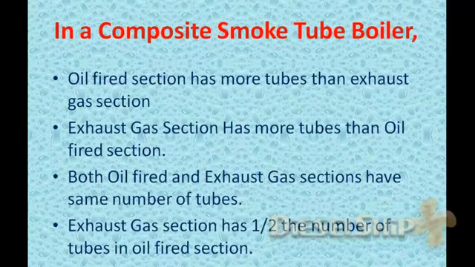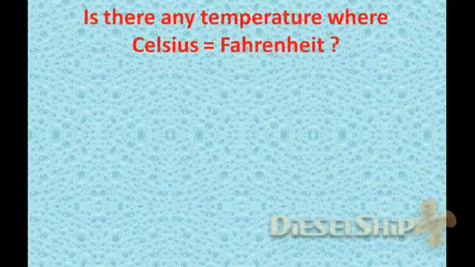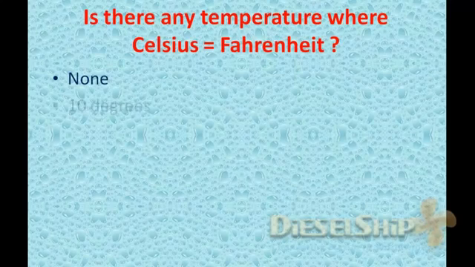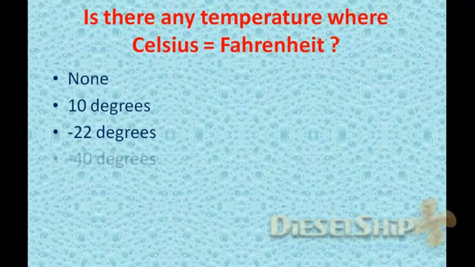Note it down. And the final question, it's not on marine boilers, but I felt it's an interesting thing to know on the temperature scale. The question is, is there any temperature where Celsius is equal to Fahrenheit? And the choices are: none, there is no such temperature existing, or choice 2, it's 10 degrees, choice 3, minus 22 degrees, and choice 4, minus 40 degrees.